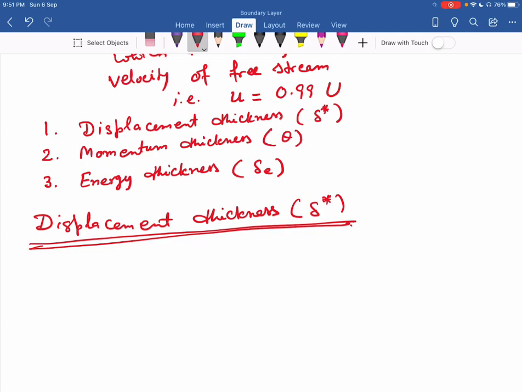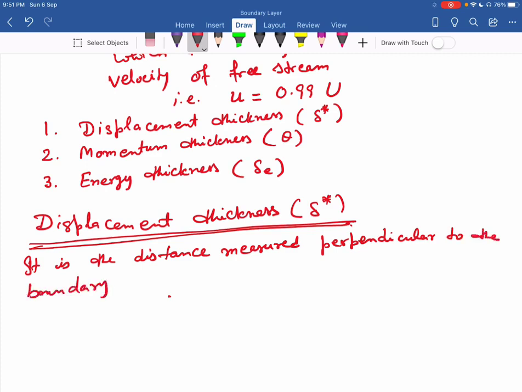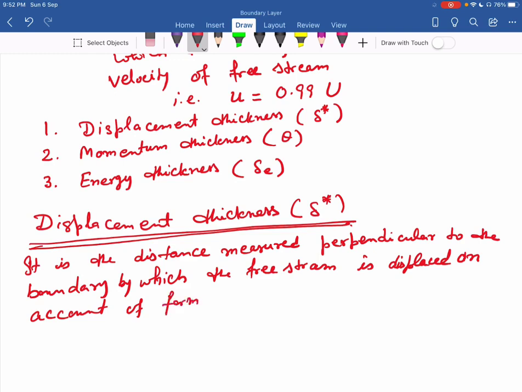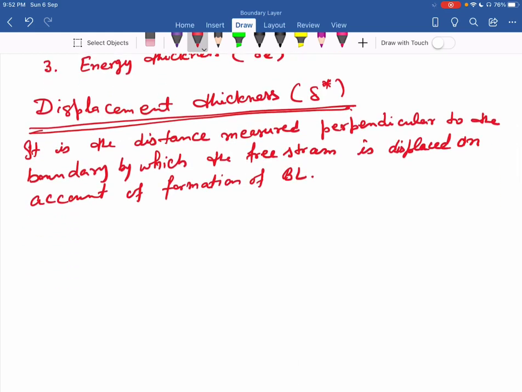The displacement thickness is the distance measured perpendicular to the boundary by which the free stream is displaced on account of formation of the boundary layer. The meaning of this definition you can see in the next lines.